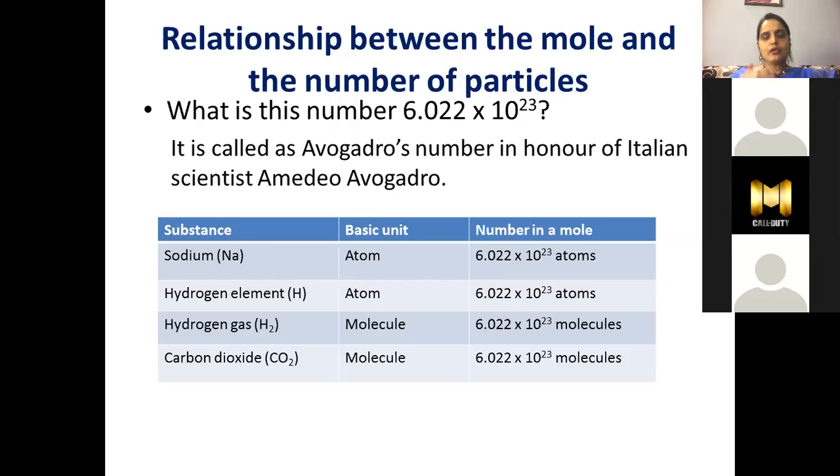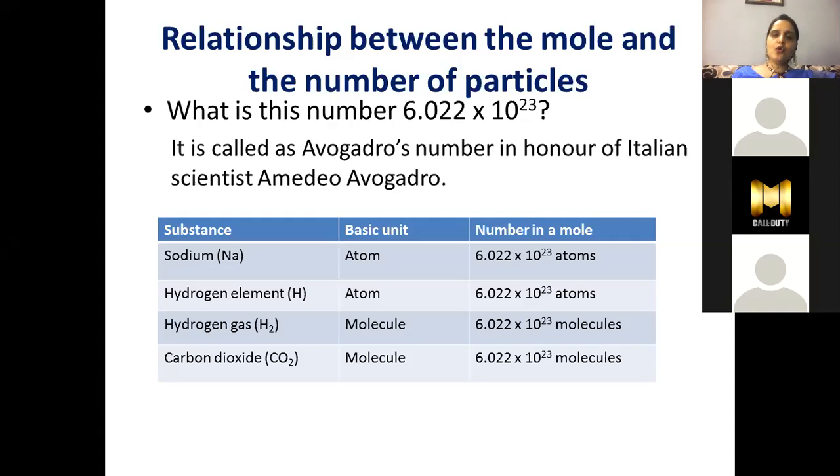When I say I have 1 mole of carbon dioxide, it means I have 6.022 into 10 raised to 23 molecules of carbon dioxide.